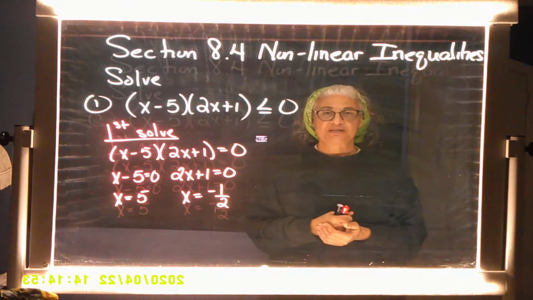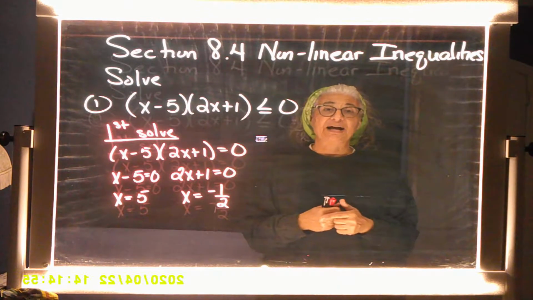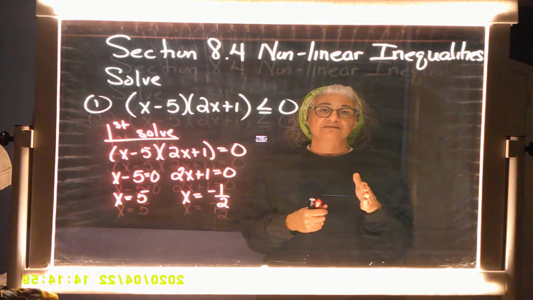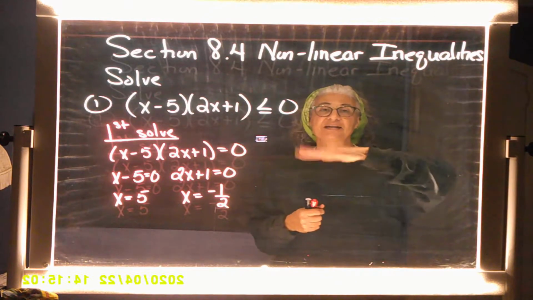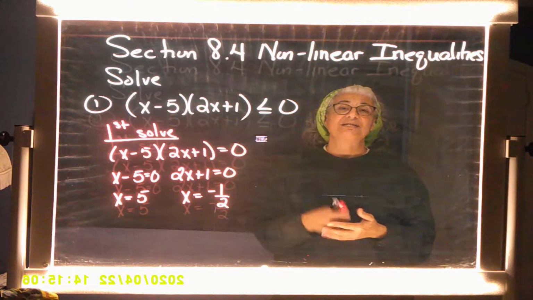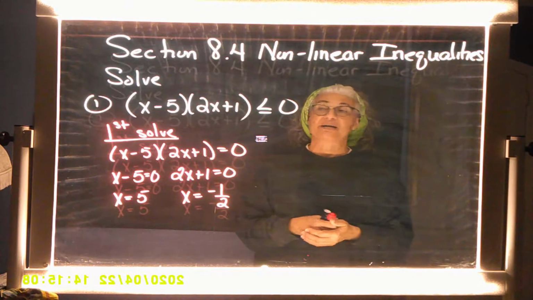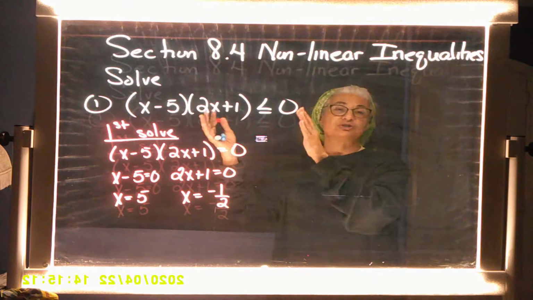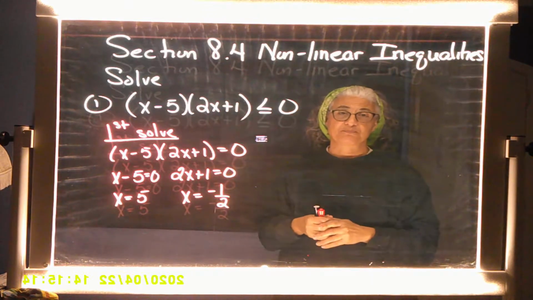So here's what we need to understand. If we're going to graph, that means there's an x and a y. Agreed? There's an x-axis and a y-axis. So here's the deal. I clearly see x. What I don't see is y. But somewhere in this original inequality, in this original problem, was a y value.